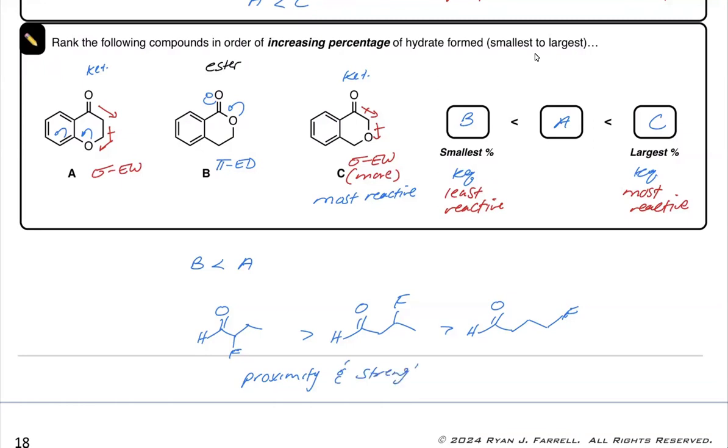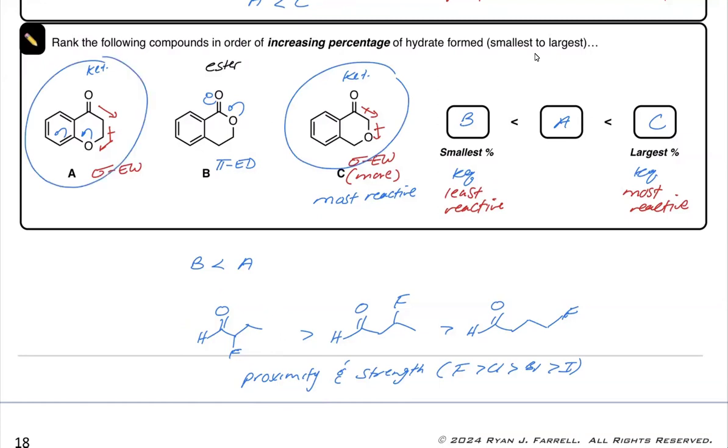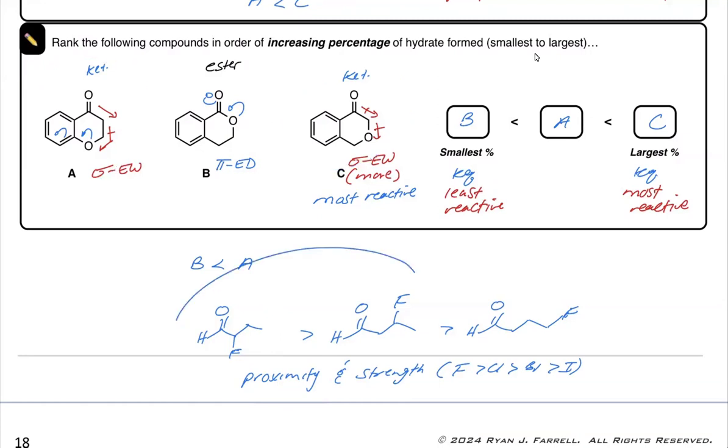By strength, we might refer to fluorine versus chlorine versus bromine versus iodine. And with proximity, the closer the inductive atom is to the carbonyl, the more its withdrawal would be felt by the carbonyl. That's exactly what we're looking at here with C versus A. I just find that it looks and feels different with an oxygen compared to a halogen.